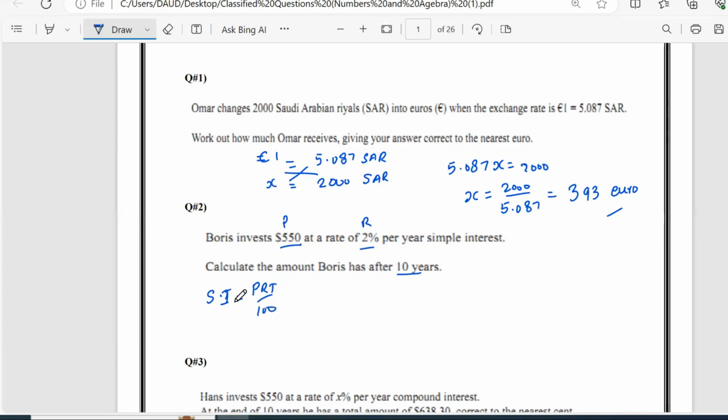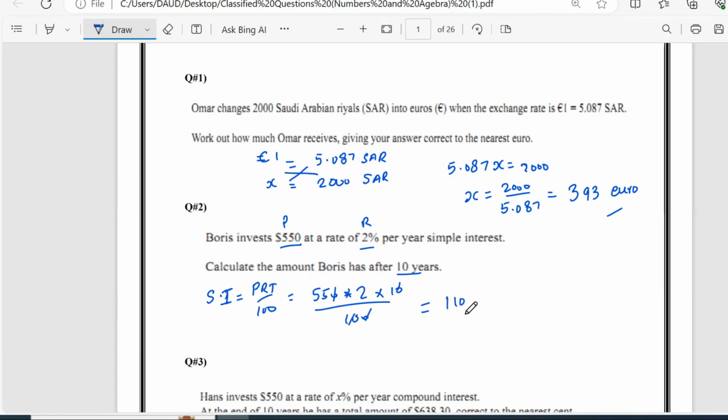PRT over 100. So 550 multiplied by 2, where 2 is the rate, multiplied by 10, over 100. We can cancel these. So we have 55 multiplied by 2, 110.